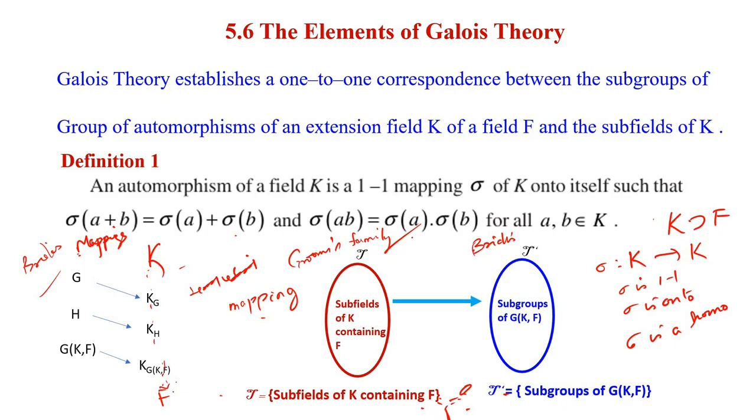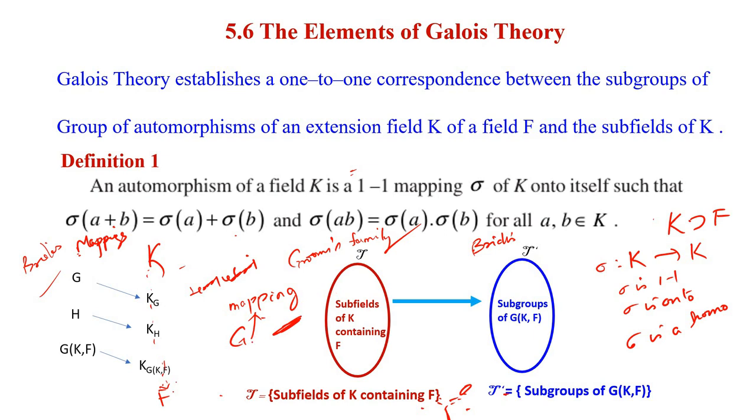How to remember that G should consist of all mappings? See here, it ends with G, so G means all mappings. What type of mappings? One-to-one, onto, homomorphism. From where to where? From K to itself.